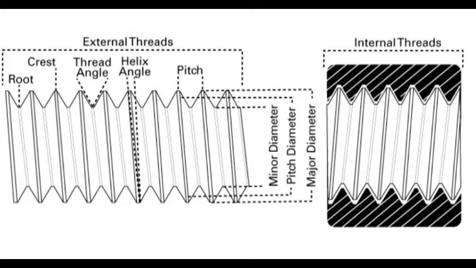In the major diameter, the imaginary coaxial cylinder would touch the crests of an external thread or roots of an internal thread, whereas the minor diameter touches the roots of an external thread or crests of an internal thread.